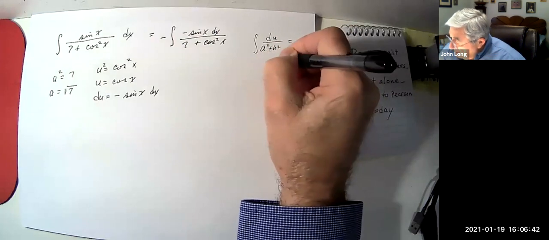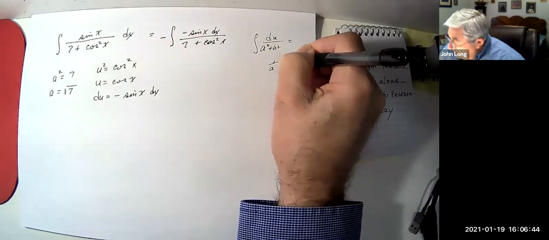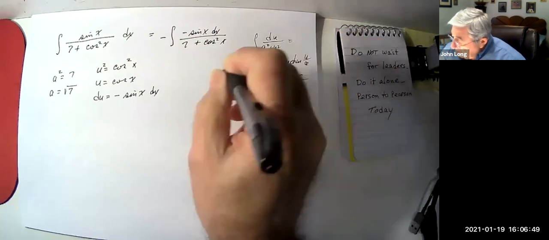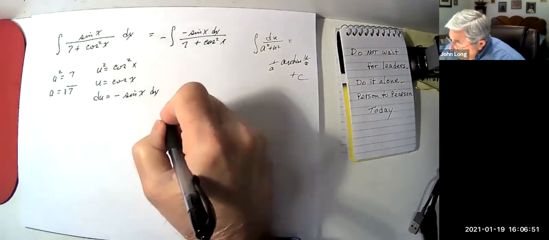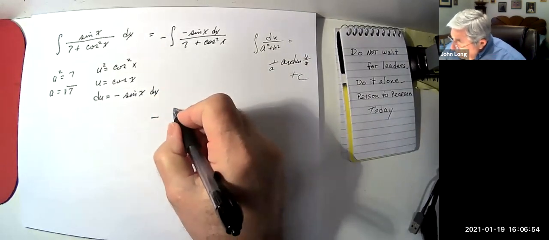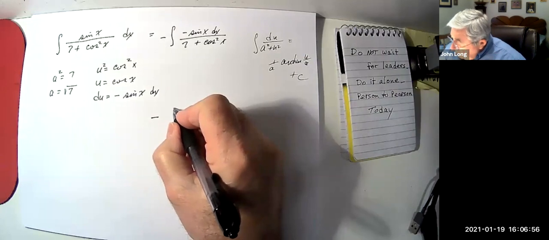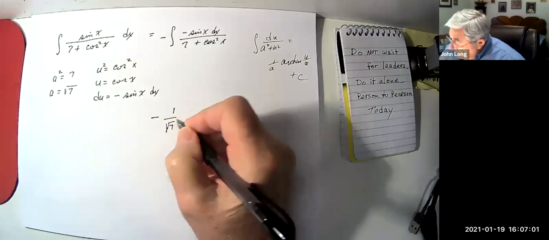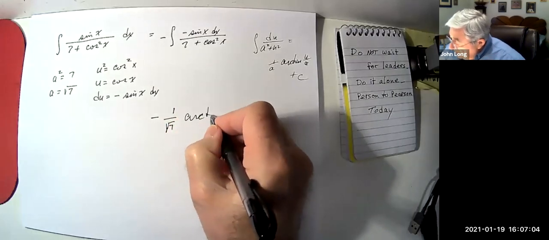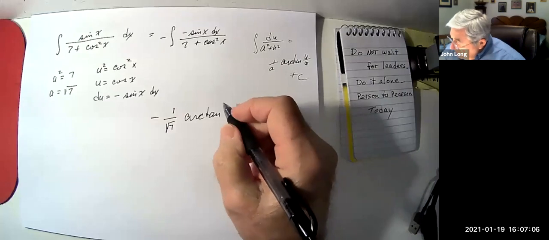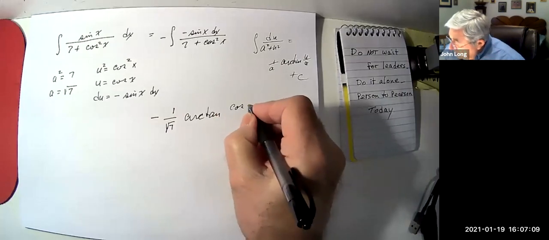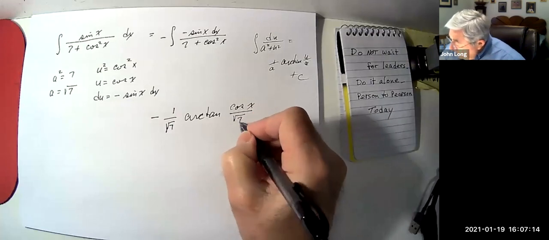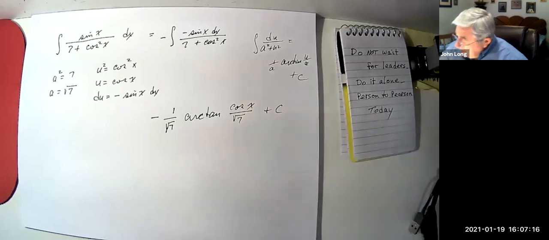And that is 1 over a arctan u over a plus c. So what do we get out of this? Well, the negative is going to stay with us. And then it becomes 1 over square root of 7 arctan u, which is cosine x, divided by a, again, that's the square root of 7, plus c.